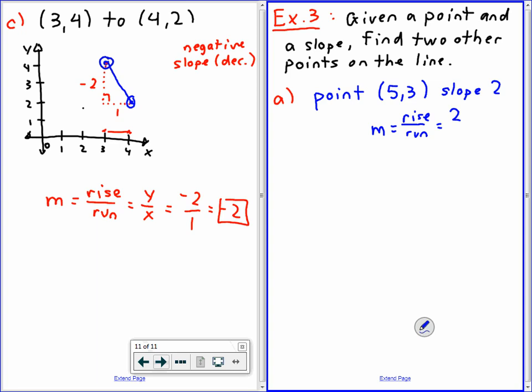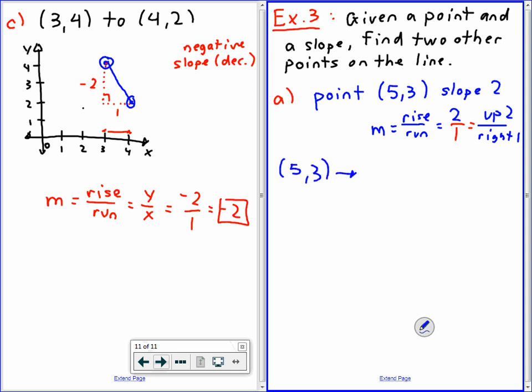It equals 2. Again, I don't like not having a fraction. So what does 2 turn into as a fraction? I hope you're thinking 2 over 1. So a rise of 2 means you go up 2 and right 1. (5, 3) is a point.